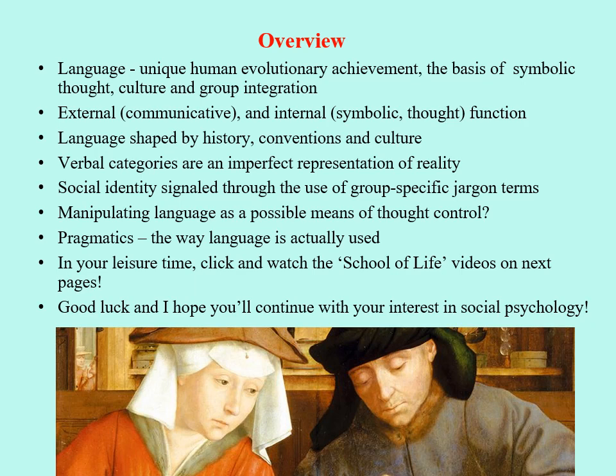A very important aspect of language is that by manipulating language, controlling the external communicative function can sometimes serve as a means of trying to change thinking, the thoughts that people are capable of processing. We also looked at some experiments in pragmatics, looking at how language is studied in everyday social situations.